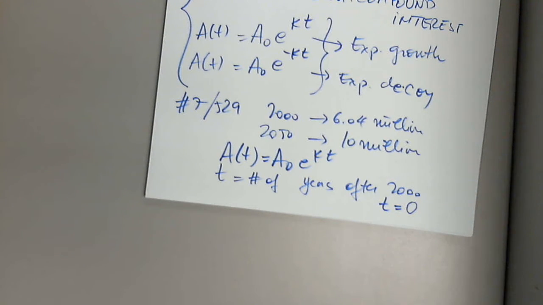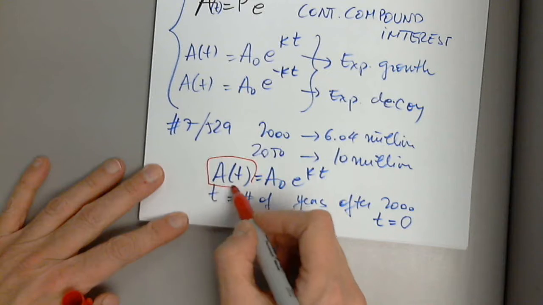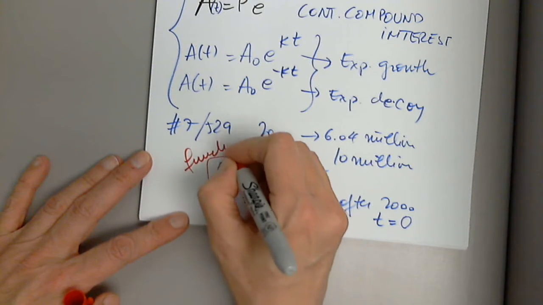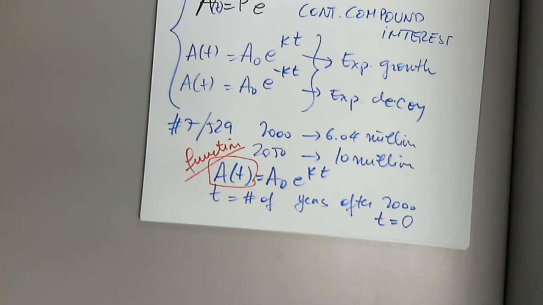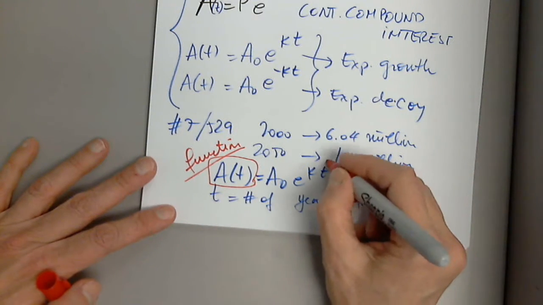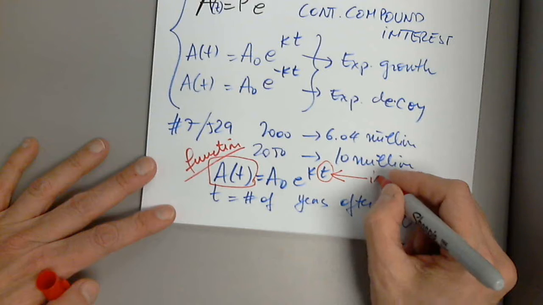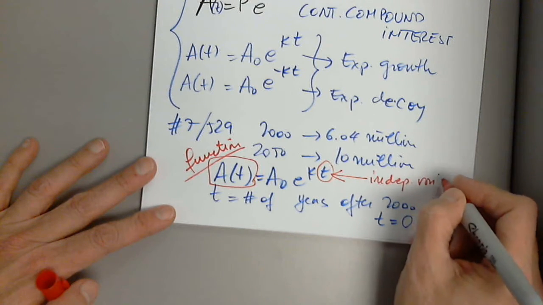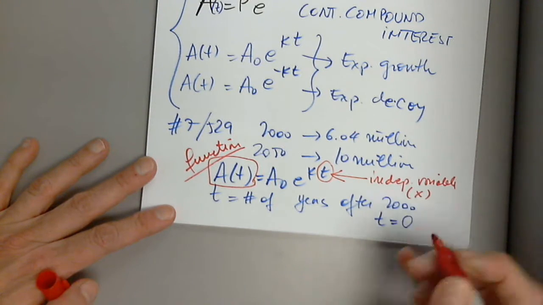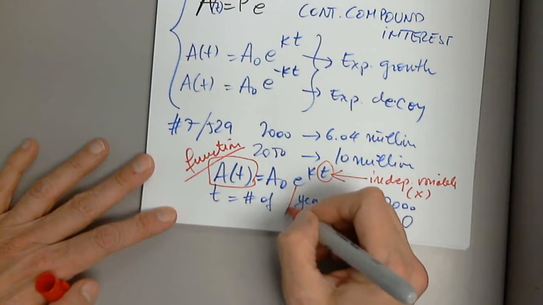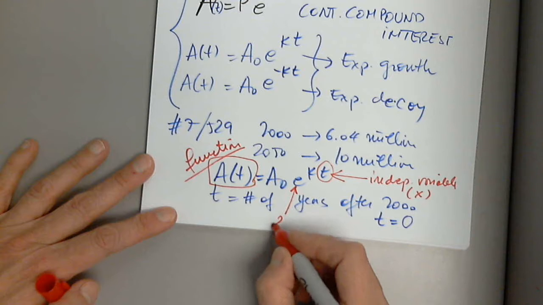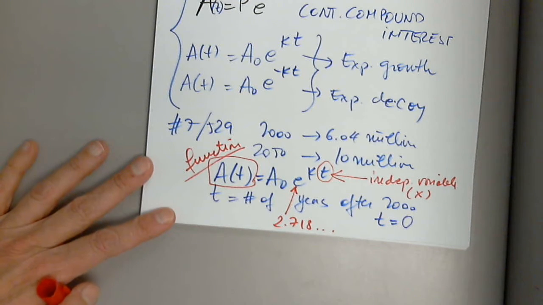So now I have to identify what I have and what I don't. This is the y, this is the function. So it has to be there. If I don't have y, then I don't have a function. This is the independent variable. It's normally x, but we use t. This is Euler's number, 2.718.